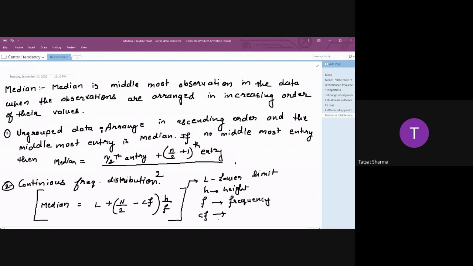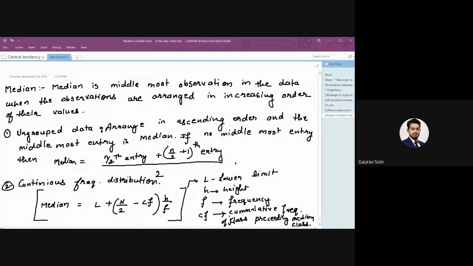Cumulative frequency. Exactly, cumulative frequency, but of the class just preceding the median class.